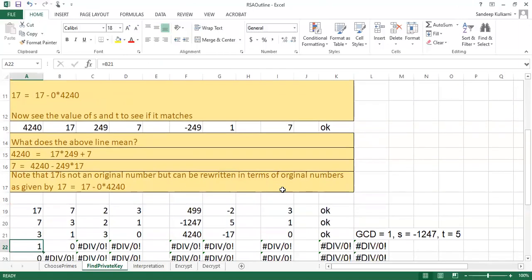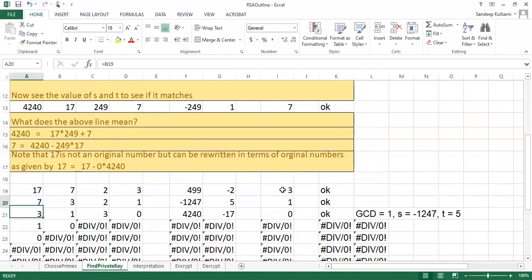Now the next part is basically going to be just the steps of Euclid and finding Bezout coefficients. So I have 17 and 7. So that's what I got over here. Then for 17 and 7, the quotient is 2, the remainder is 3.